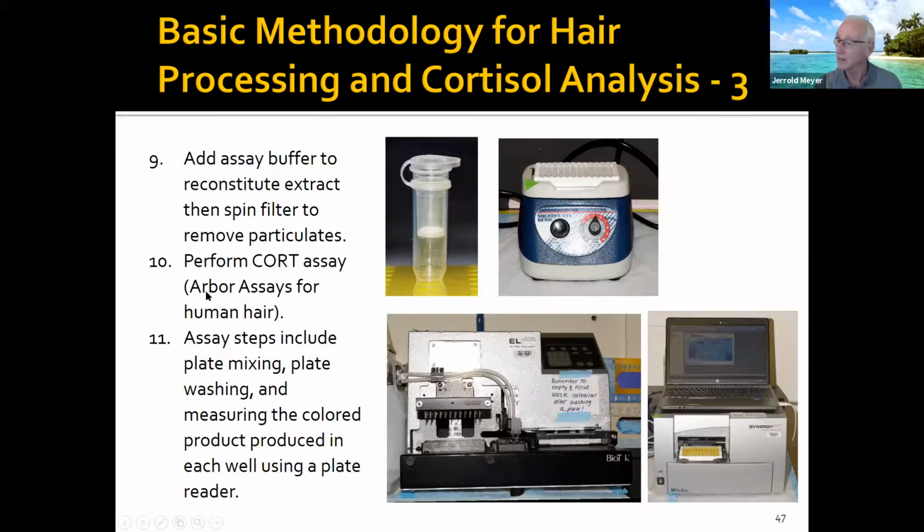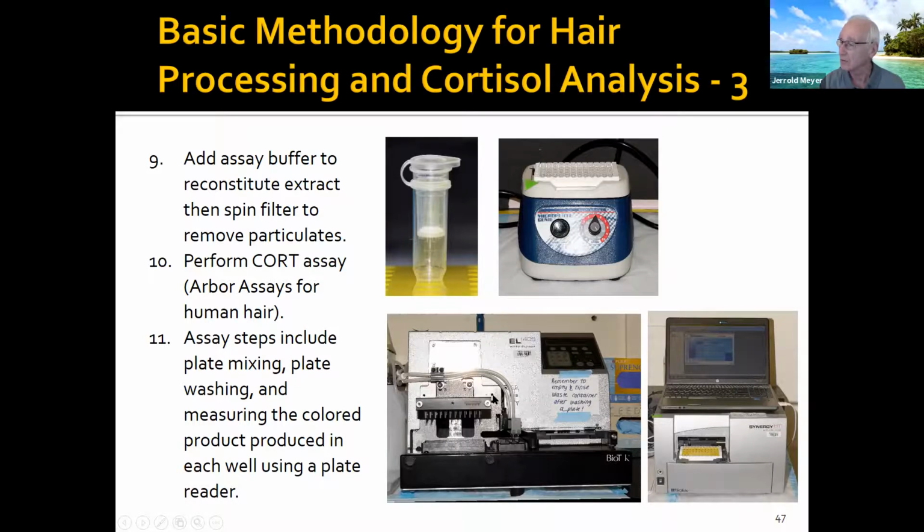So the assay that we use, as I mentioned this morning, is from Arbor Assays in Ann Arbor, Michigan. It's the one we use for human hair. It's highly sensitive, so it's good when we have samples that are relatively small or that have really, really low cortisol content.